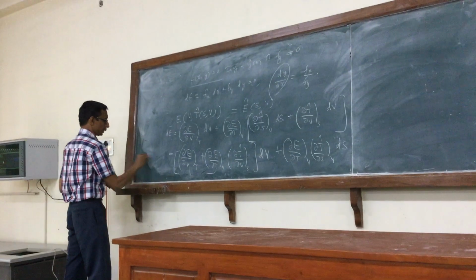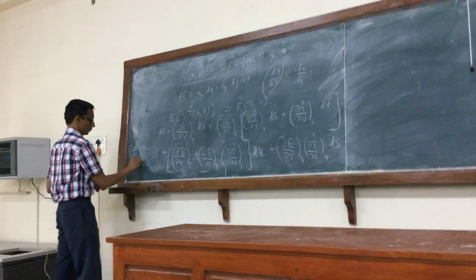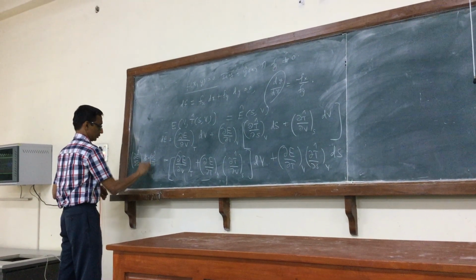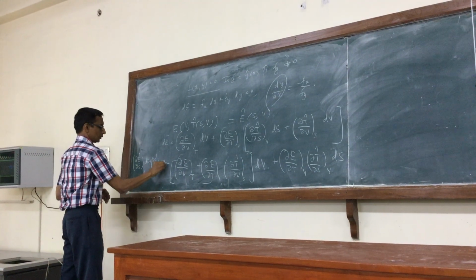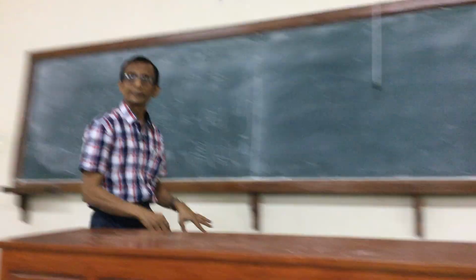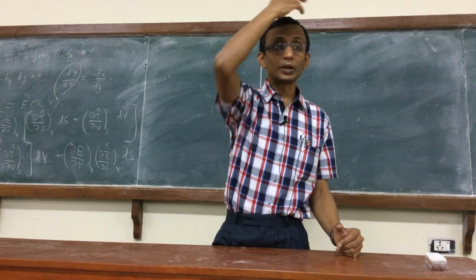So this can be equated to dE by dS. So now I simply equate the coefficients of dV and dS on both sides, and I'll get the formula that I wrote down by inspection by using the chain rule.